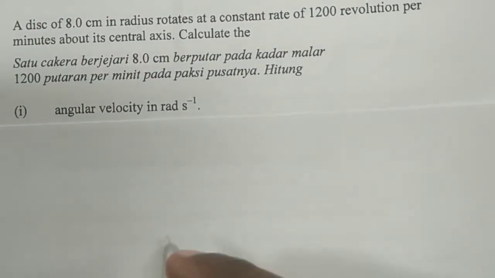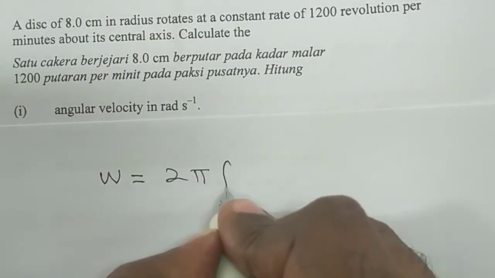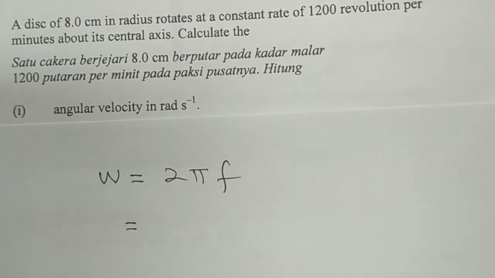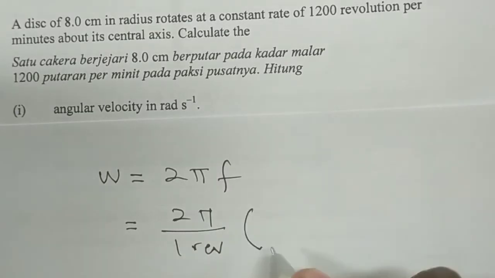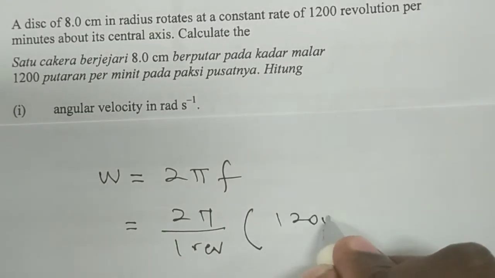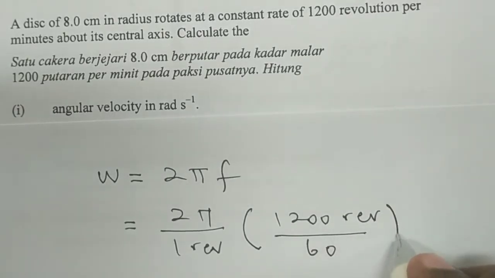For part 1, omega equals 2 pi f. 2 pi over 1 revolution times 1200 revolutions per 1 minute, which equals 60 seconds.